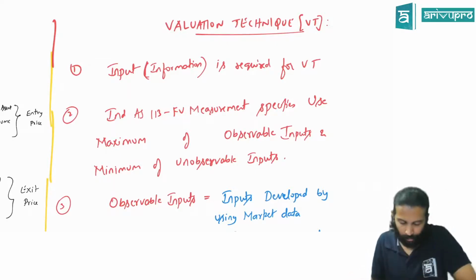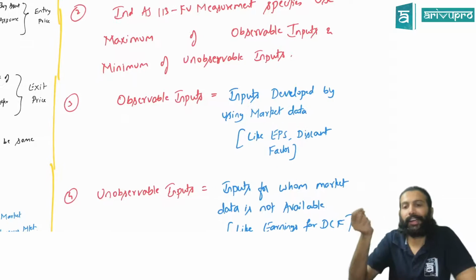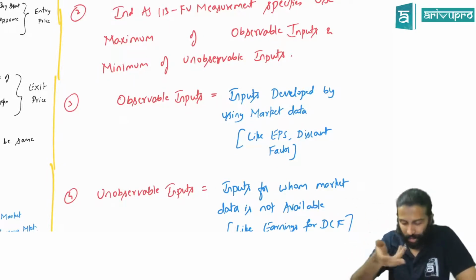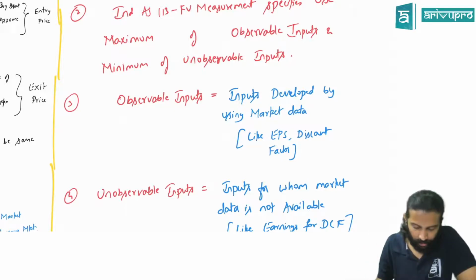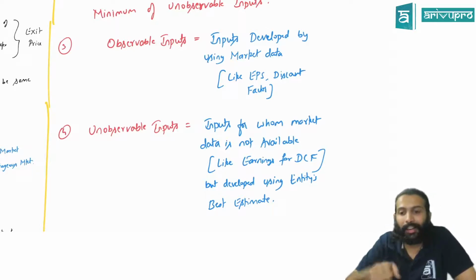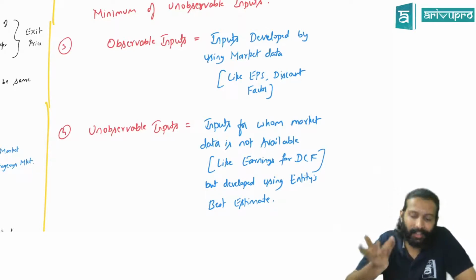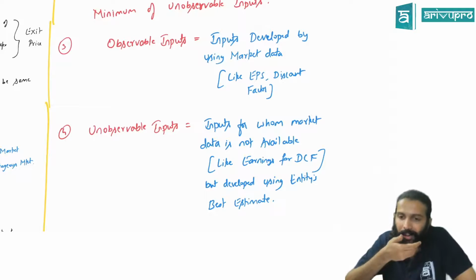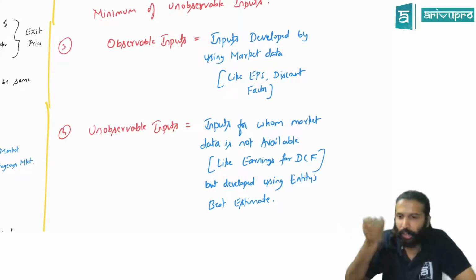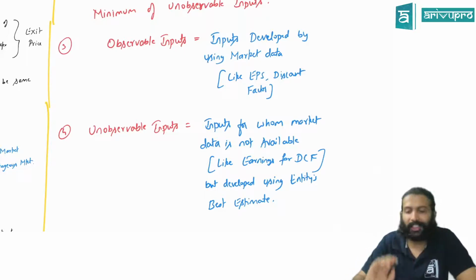Observable inputs means data developed using market data, like price earnings ratio, EPS, discount factor, etc. Unobservable inputs means those inputs for which market data is not available, but which are developed by the entity's best estimate, like earnings. When you find the present value of future earnings of the company, there is no market data of that. So that is unobservable inputs.